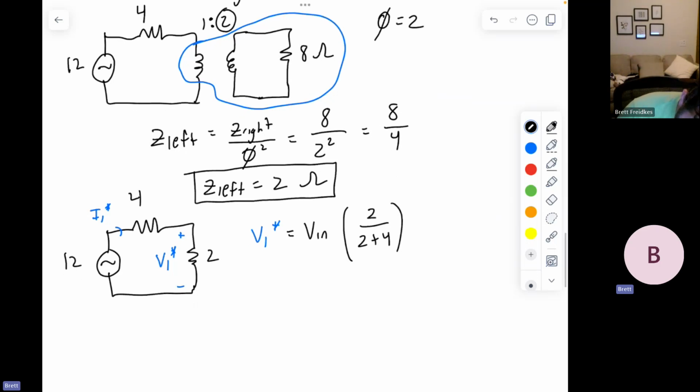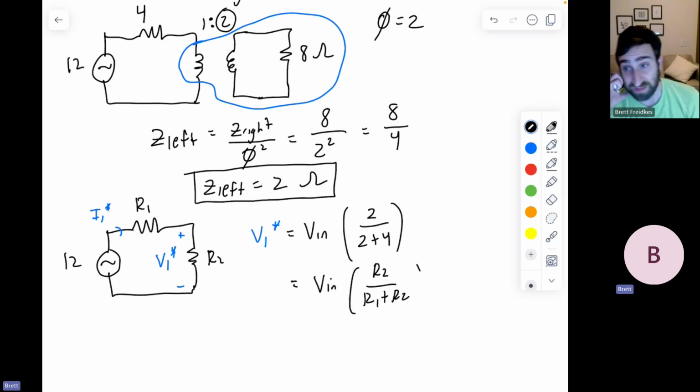I can make this more general, just for the sake of explaining. Maybe I call this R1 and this other one R2. This is more familiar from what you've seen in your classes. This will be R2 over R1 plus R2. That's our voltage division.